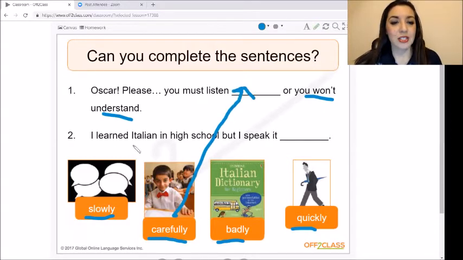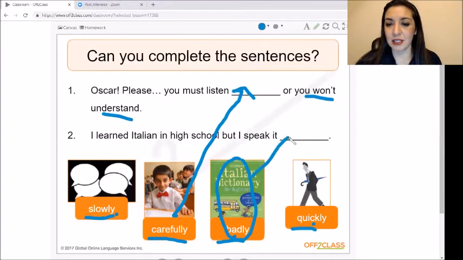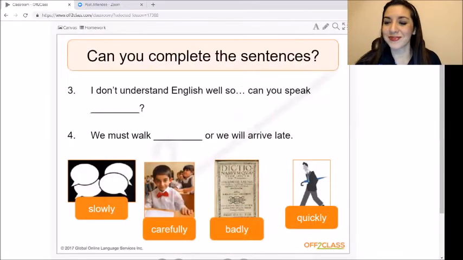Number 2, I learned Italian in high school, but I speak it slowly, badly, or quickly. It could be slowly, but I think it wants badly. So badly is the correct answer. Okay.